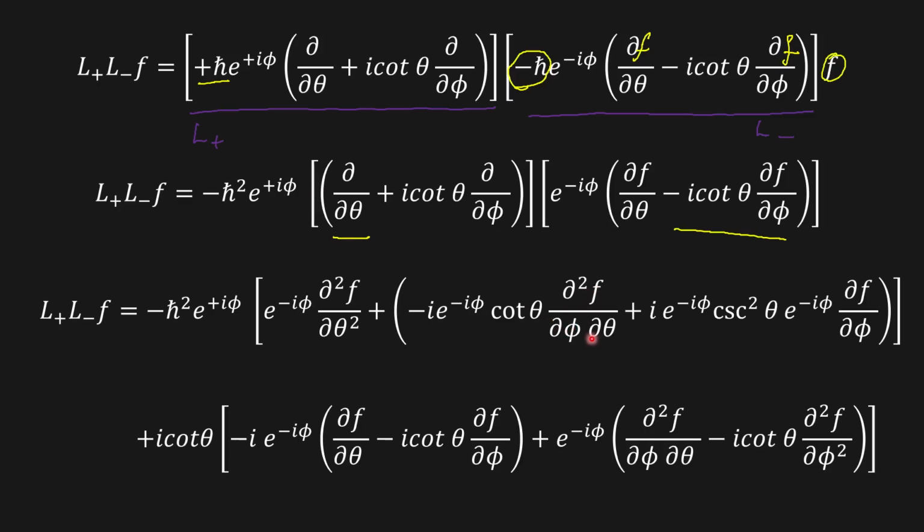Next, I am going to keep this e to the power i phi and this i as it is, i e to the power minus i phi. So here you have one i and e to the power minus i phi. If you differentiate this cot theta, not cos theta, you will get minus cosecant squared theta.